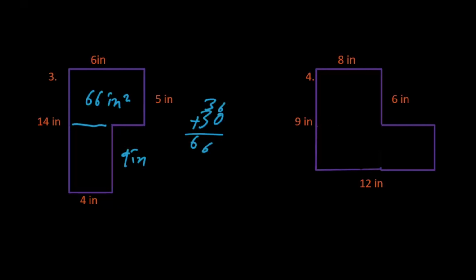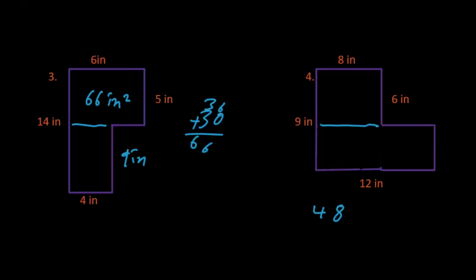Now let's do the last and final one. So for this one, let's split it up like that. So we have the length, which is 6 inches. We have the width, which is 8 inches. So 8 times 6 is 48. And then we have to find this part. So the width is 12 inches, and we don't know the length.